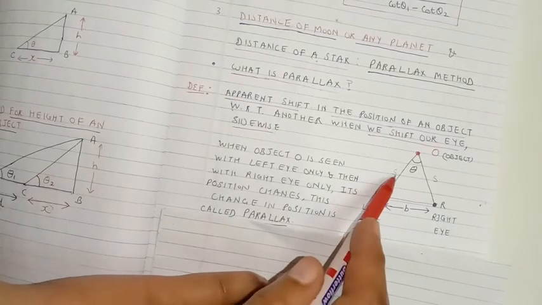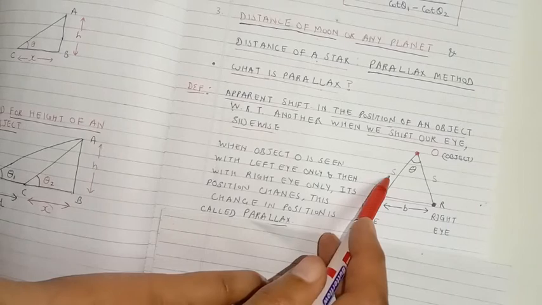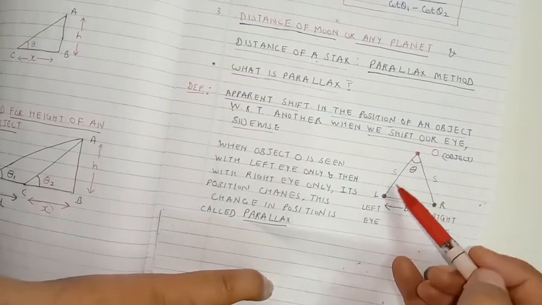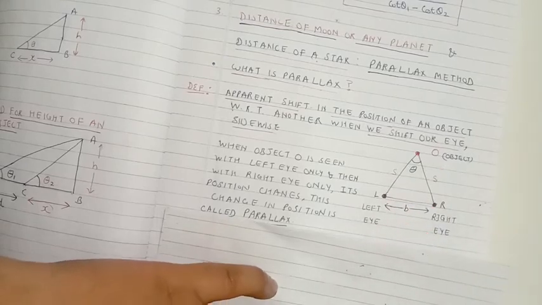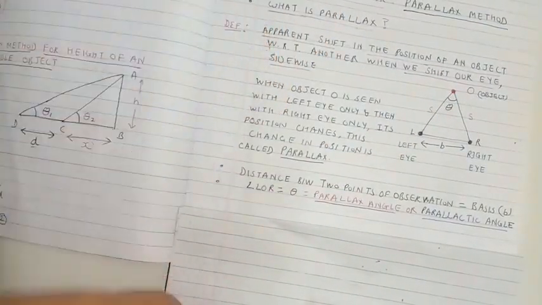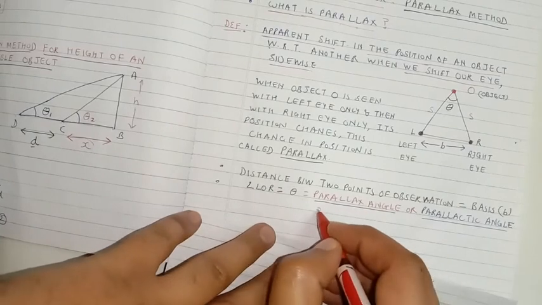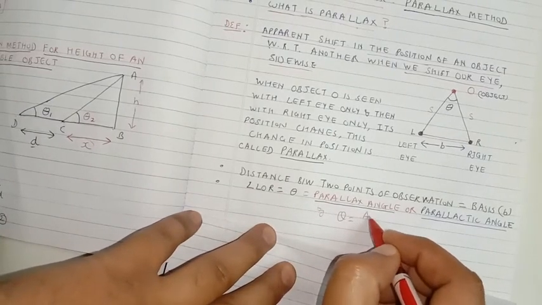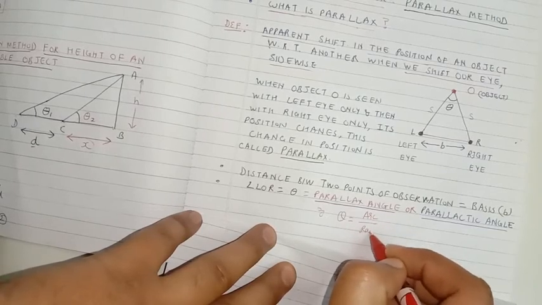So if S is the distance of the object, between the object and the position of measurement, then by simply measuring this angle theta, we can find out the distance S. The reason is that by definition, angle is defined as the length of arc divided by the radius of the arc.